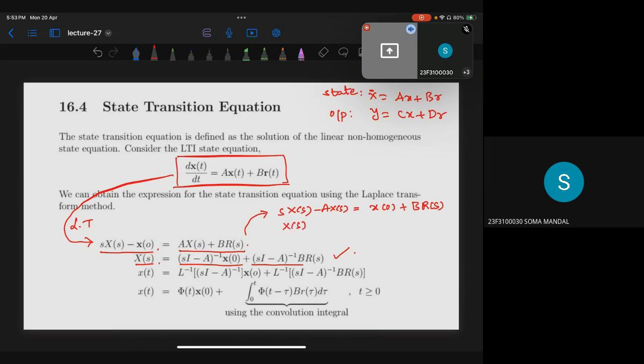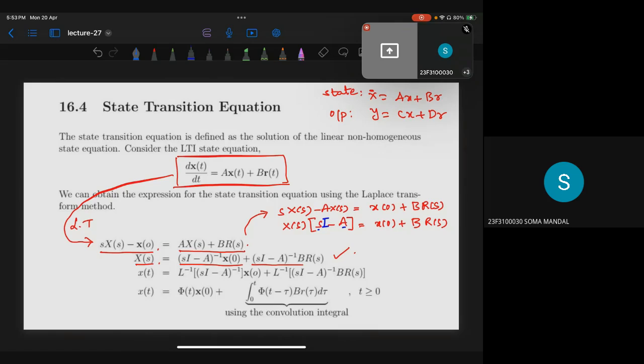So X of s I'm taking out, and I should write (sI minus A) equal to x of 0 plus B R of s. Since s is just a variable and A is a matrix, that's why I'm multiplying with I, which is equivalent to the order of A. Then the matrix equality verifies.